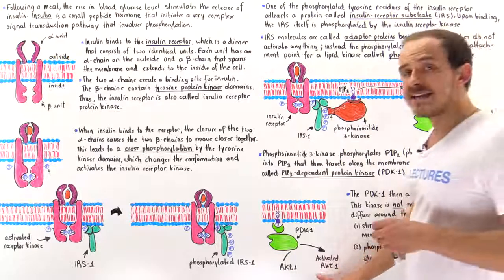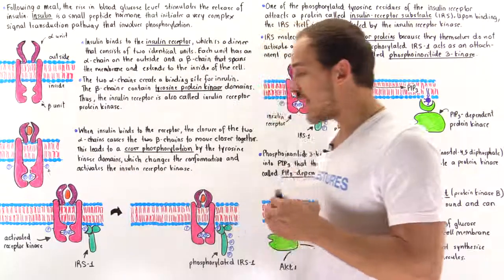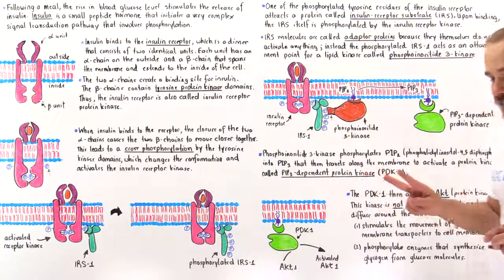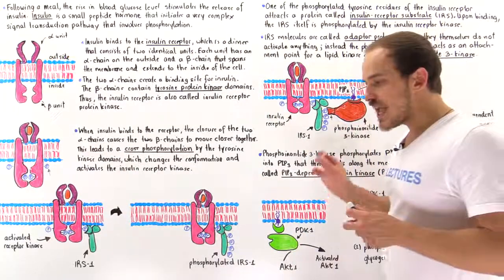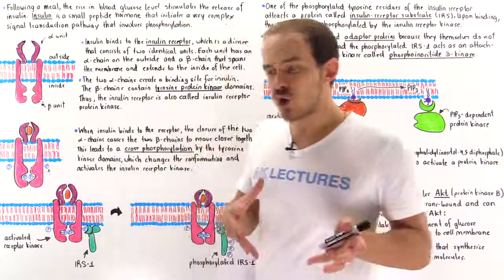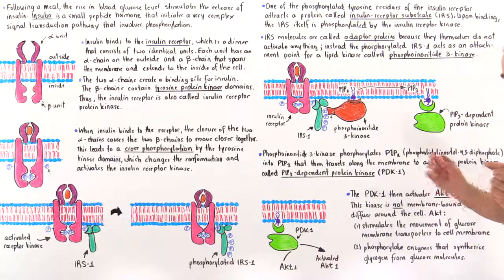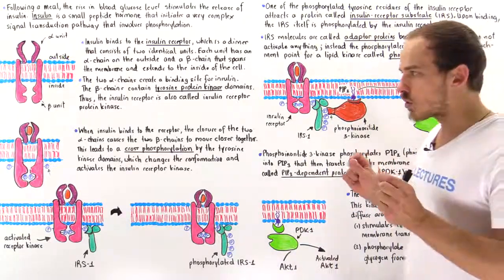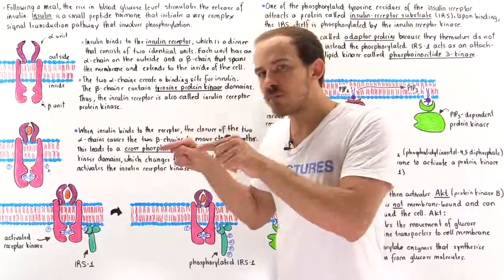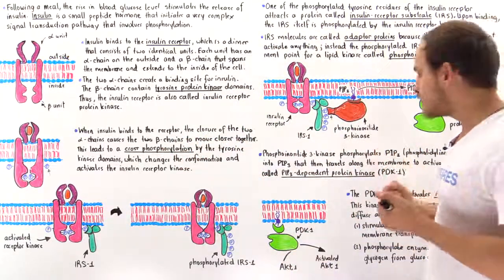And what this AKT does is two things. It activates enzymes which are responsible for transforming glucose into glycogen, and it also stimulates these protein transporters to move into the membrane and cause the reabsorption of glucose into the cell.